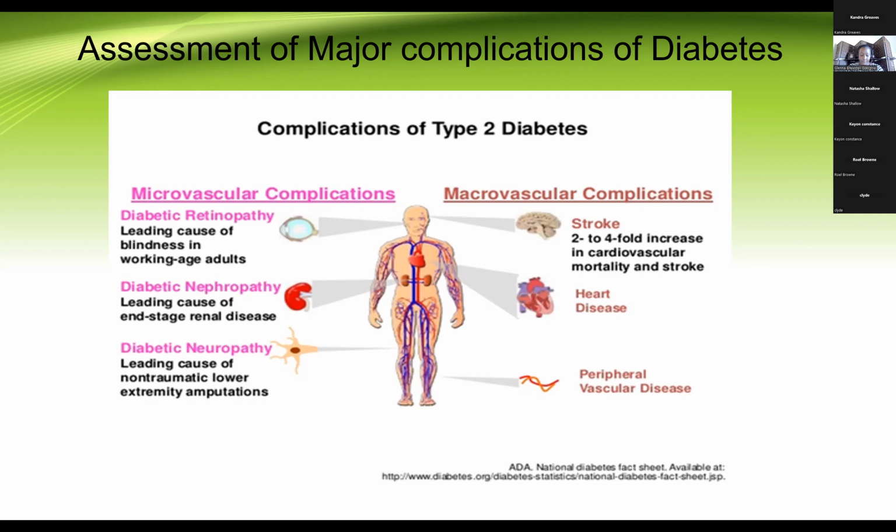And last but not least, we have diabetic neuropathy, which is one of the leading causes of non-traumatic amputation of the extremities, which would be like legs and upper limbs. And on the macrovascular complications, we have stroke, heart disease, and peripheral vascular disease.